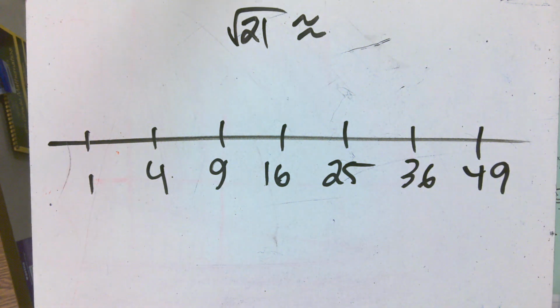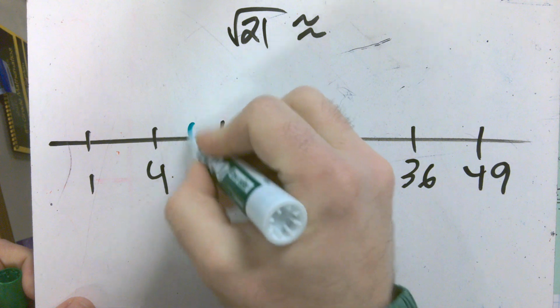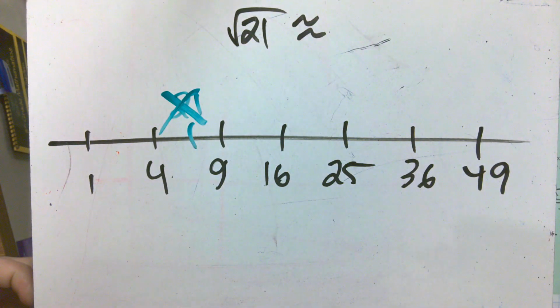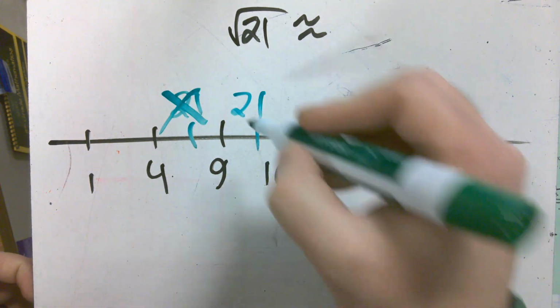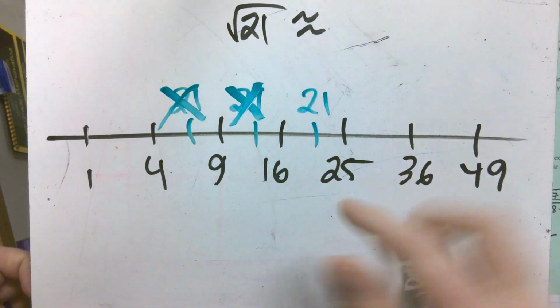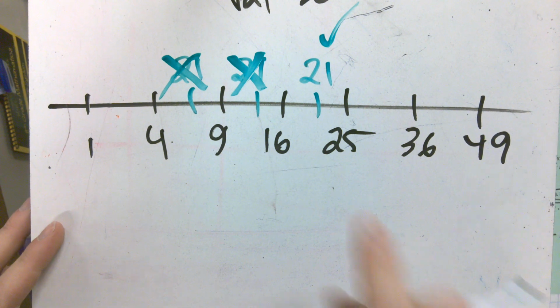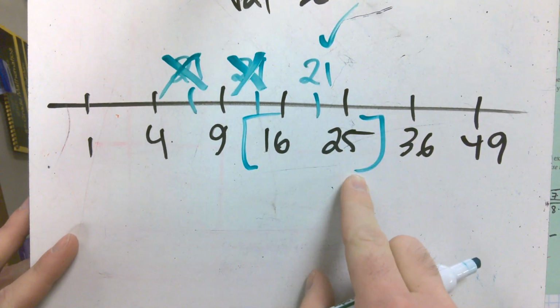We have to figure out, where does 21 fit on this number line? Would 21 fit right here in between 4 and 9? No. Would it fit between 9 and 16? No. What about between 16 and 25? Yes, that's where it fits. Okay? So we know that it's going to be in this range, between 16 and 25.